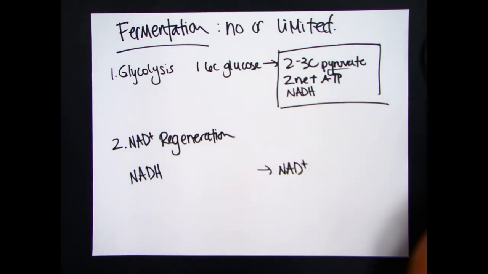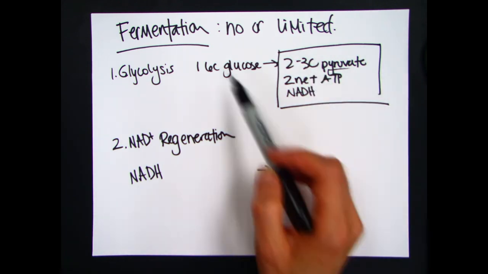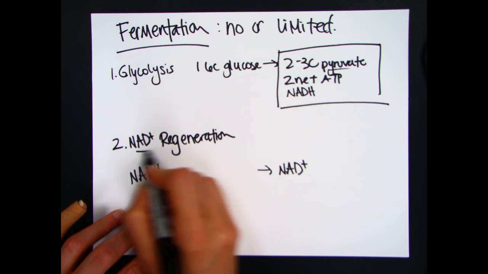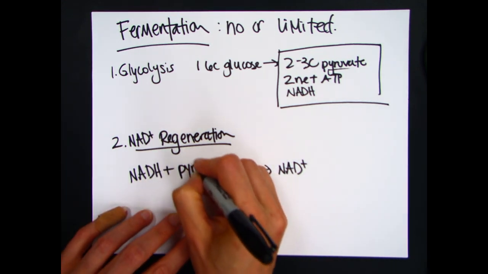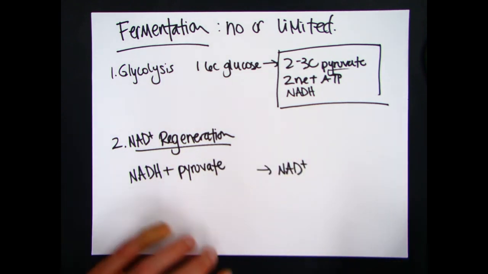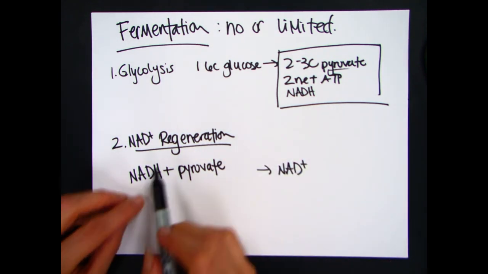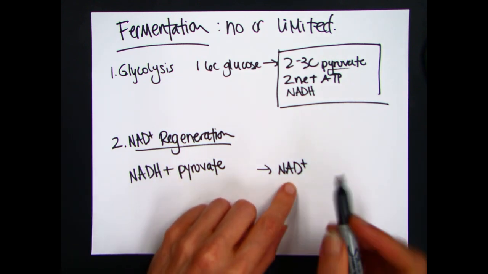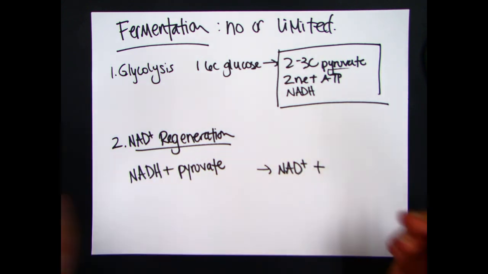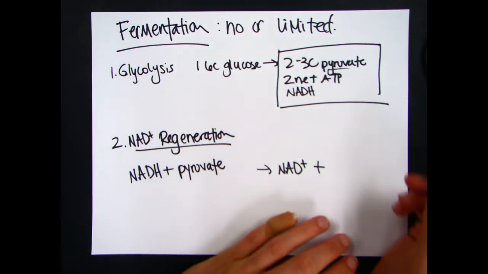So we then have the pyruvate, a carbon thing, which we know takes electrons because it just gave up some electrons. So what happens in NAD+ regeneration is we have the NADH and we have the pyruvate. The electrons from the NADH go to the pyruvate. So that makes then NAD+, and this is a little bit tricky part.